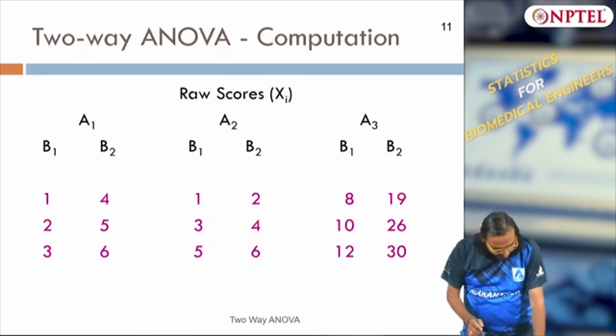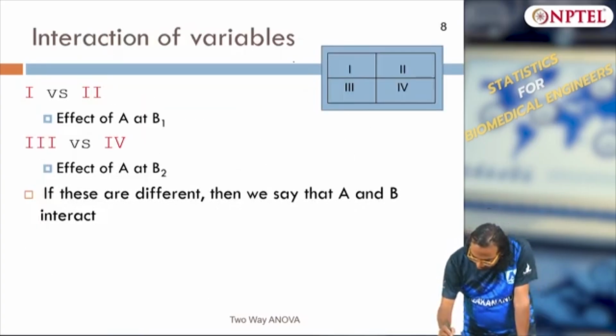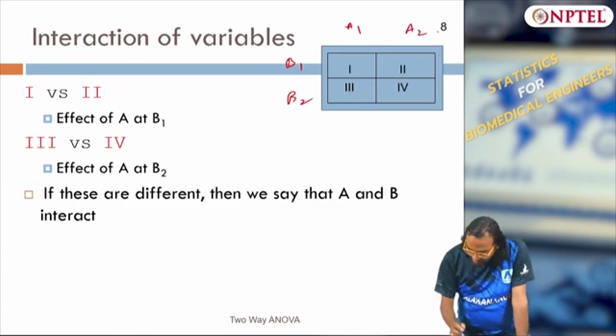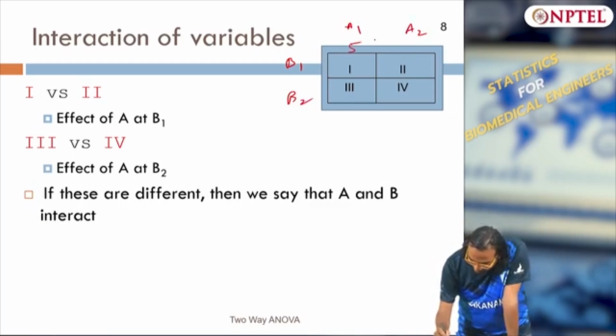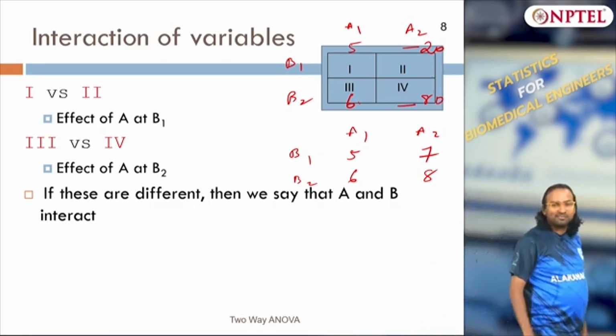Let us take these numbers: B1, B2, A1, A2. This is 5, this is negative 20, 6, negative 80, and then I have another one: 5, 7, 6, 8. When can you say interaction is there?